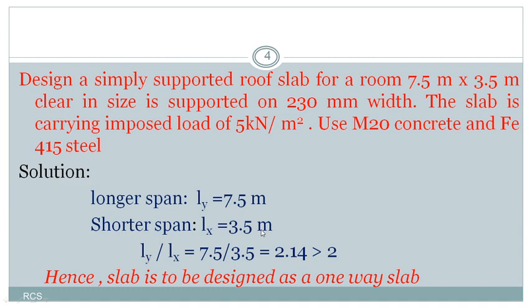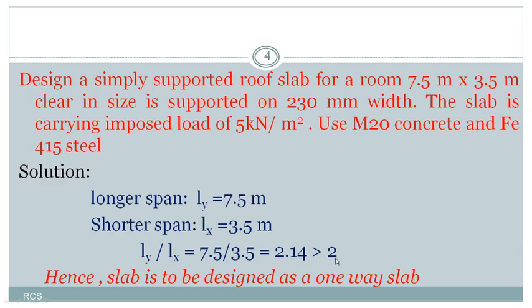To decide whether it is a one-way slab or a two-way slab, we have to check the ratio between the longer span and the shorter span. So Ly by Lx is equal to 7.5, the longer span, by 3.5, the shorter span. The value obtained is 2.14, which is greater than 2.